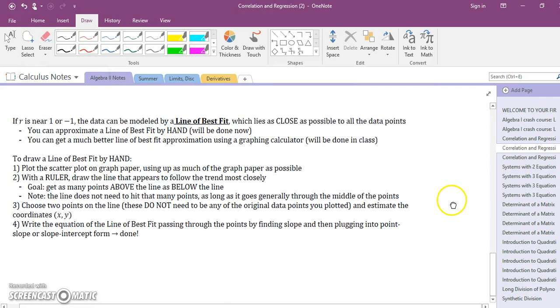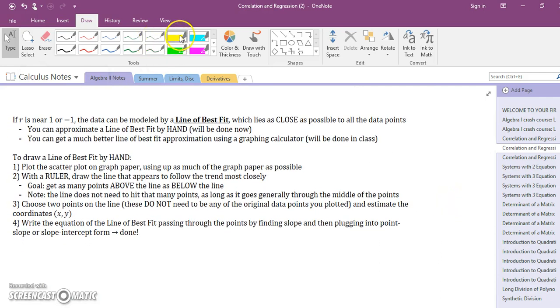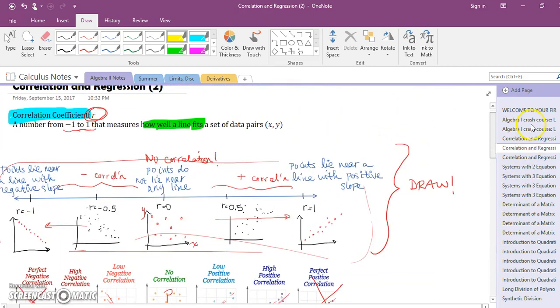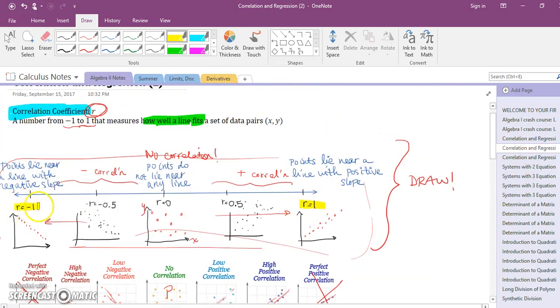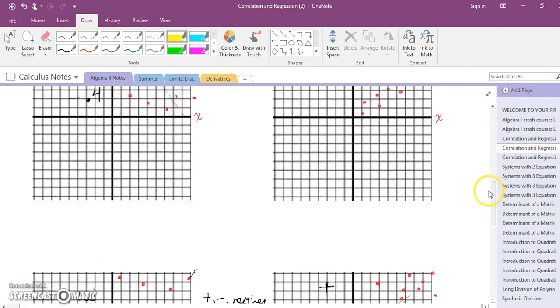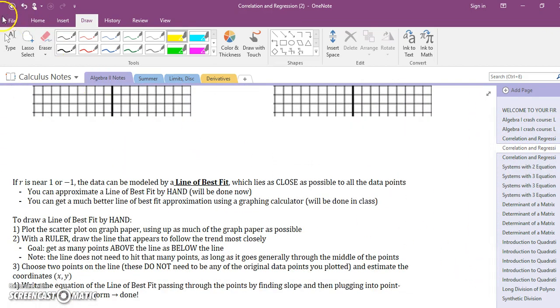Okay, now right here, take these notes down, please. So if you want to pause first and then listen, or listen and then pause, it's up to you. If R is close to -1 or 1, so one of these two situations, then what you can do is draw a really good line of best fit through the data.